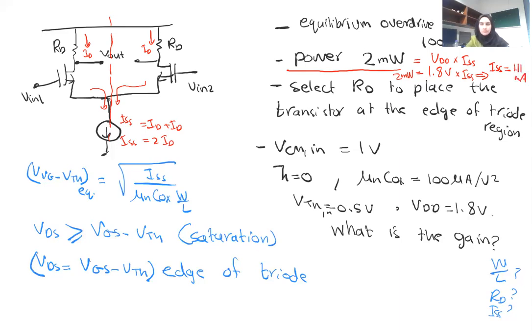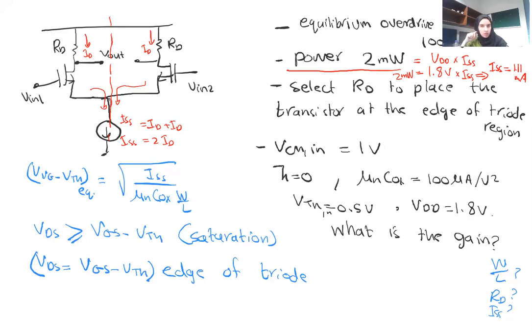Is that clear to everybody? Any question on this? So always use the trick from the power. We have two branches of current. The total current will be equal to ISS, and therefore we found the ISS value.